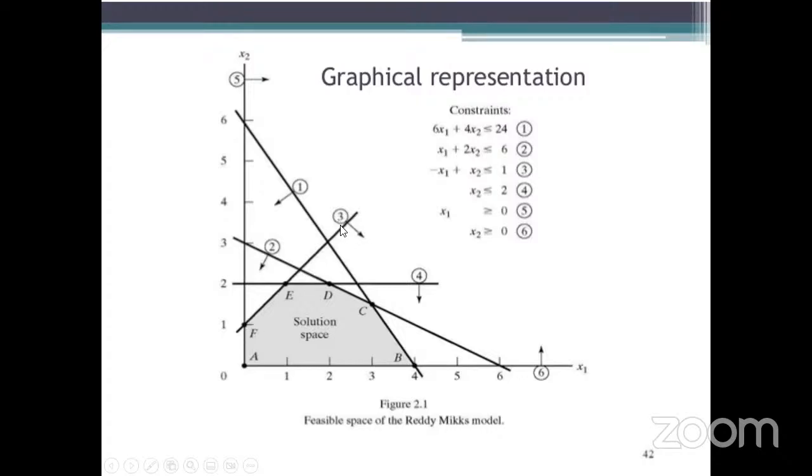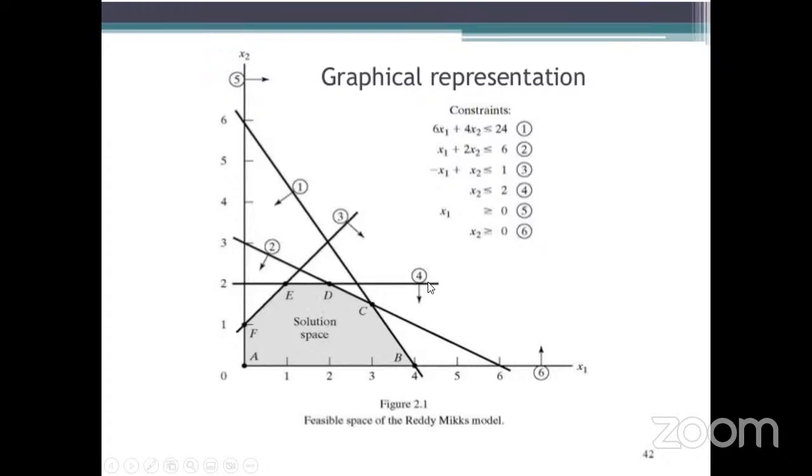That is the third equation, and the feasible area is towards 0. For the fourth equation, x2 is less than or equal to 2, there is no x1 value, so it is a horizontal line. This is the line of the fourth equation.